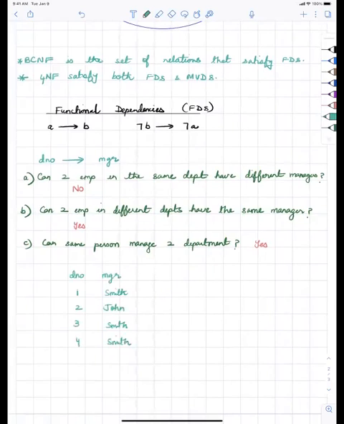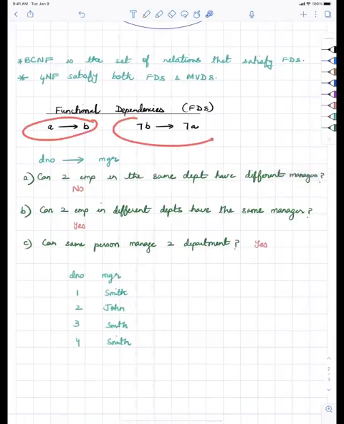So this table satisfies the functional dependency DNO determines the manager name. All that to say is that if you know the department number, you will know the manager's name. But given the manager's name, you cannot know the department. So the inverse thing does not work.